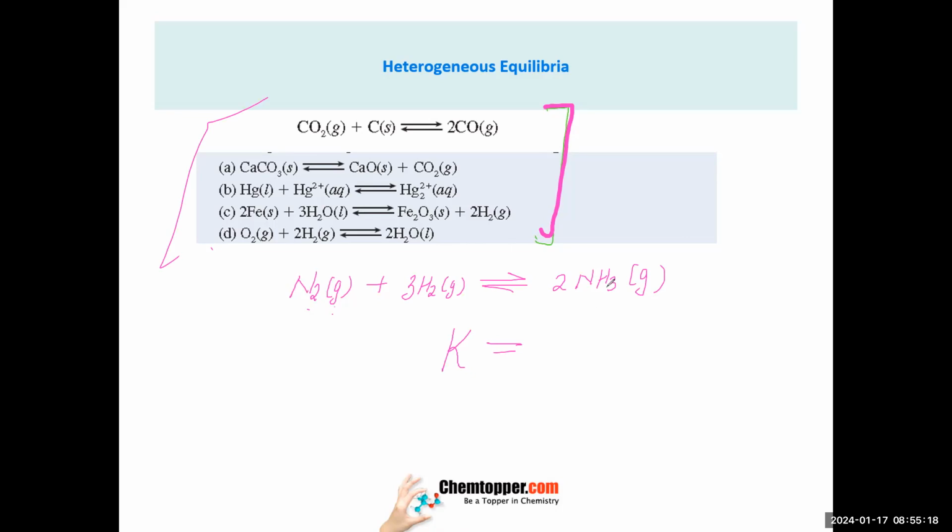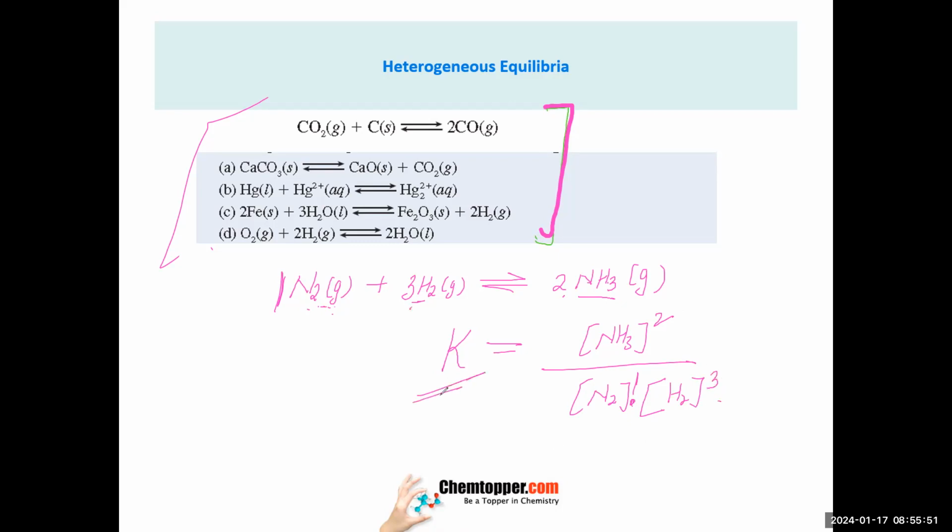It is the concentration of the product, which is NH3 here, raised to power this coefficient 2, divided by concentration of the reactants. Product of the concentration means concentration of N2 raised to power 1 times the concentration of the reactant H2. This should be multiplied. Raised to power 3.